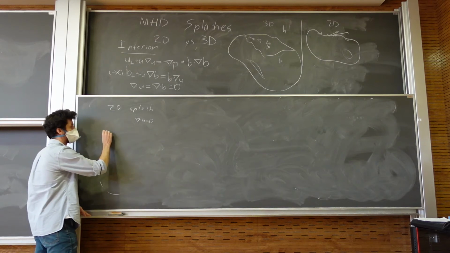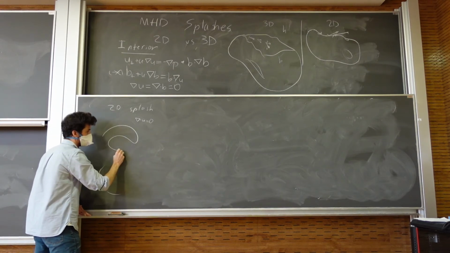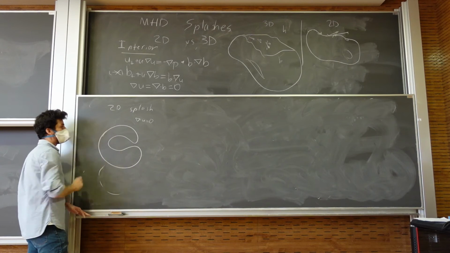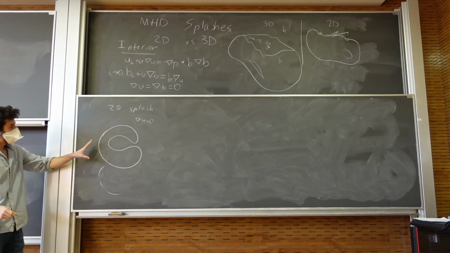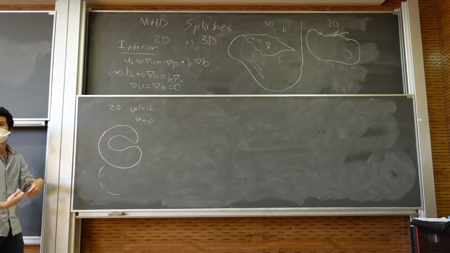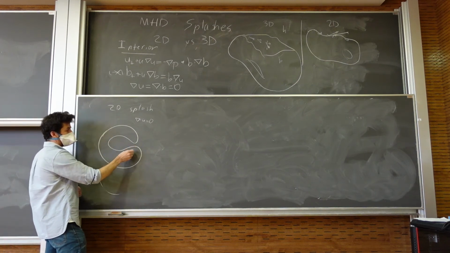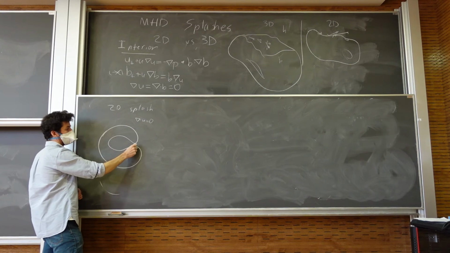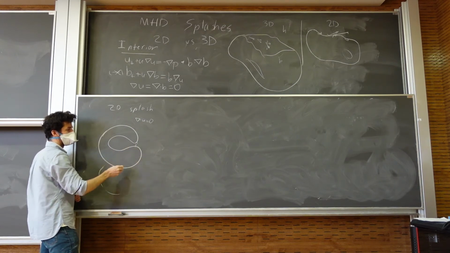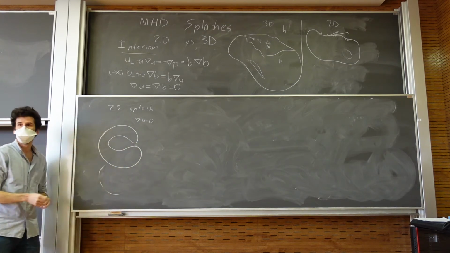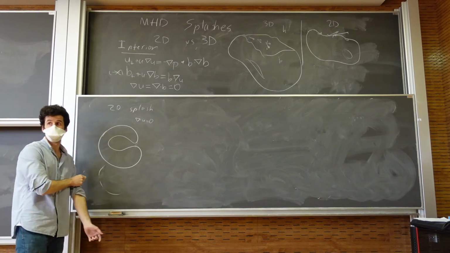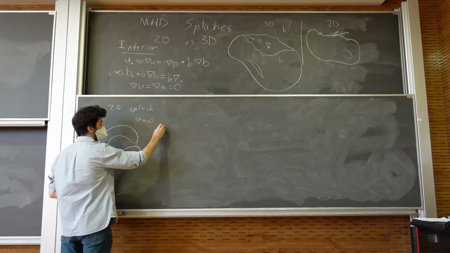But another point I want to talk about that's different in the 2D picture versus the 3D picture is that let's imagine a splash is beginning to form for the MHD equations. So I have this peak going up, this one going down. But in this problem, I now have an exterior magnetic field, right? So I have H here.